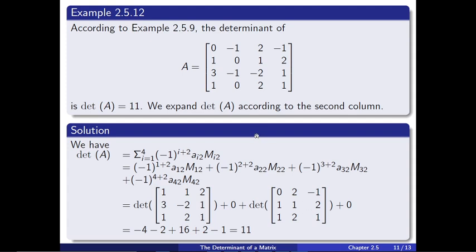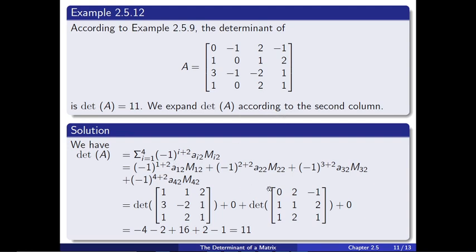According to example 2.5.9, we've looked at this example previously and we saw that the determinant is 11. So we are going to expand this determinant according to the second column. Right. So the determinant of A is equal to that expansion from i is equal to 1. So you see this 2 is representing the column and it's fixed. That's what we are expanding according to.